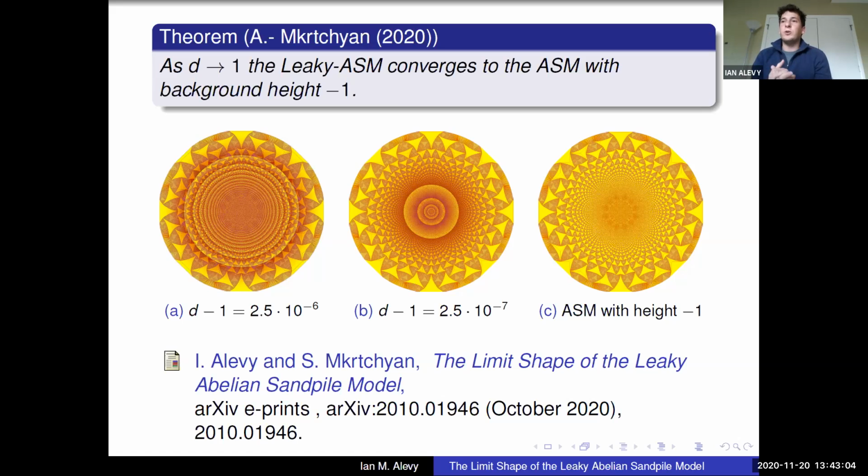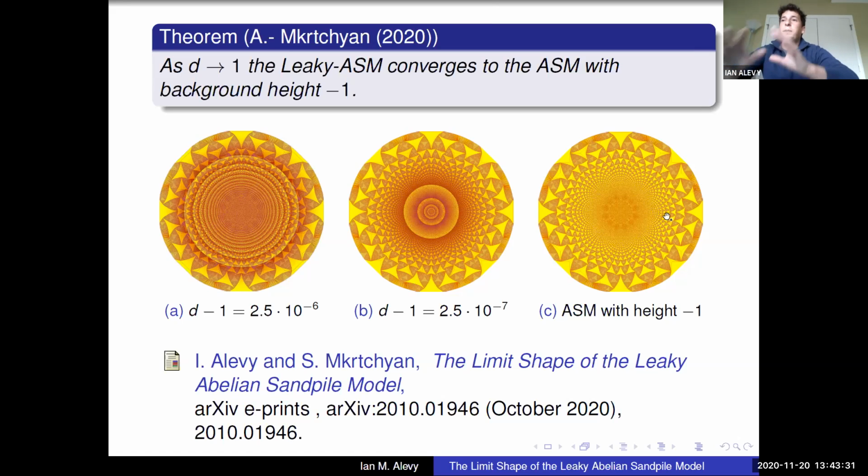So what we hope to do is to push our techniques in this paper, which allowed us to compute the limit shape of the leaky ASM, to gain information about the limit shape of the ASM, which is really what people are mostly interested in. And I just want to make one comment that this is the ASM with background height -1.